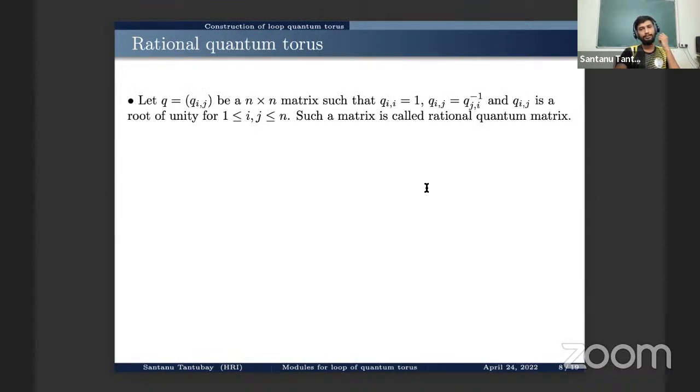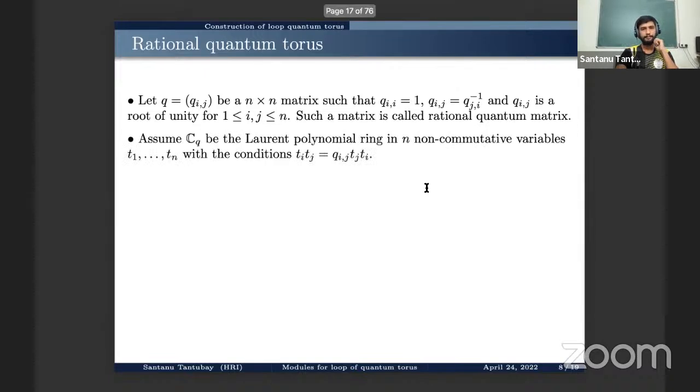So a matrix Q is called a rational quantum matrix if all its diagonal elements are 1 and its ji-th entry is the inverse of its ij-th entry, and each ij-th entry is a root of unity. Such matrices are called rational quantum matrices. And assume C_Q is the Laurent polynomial ring in non-commutative variables t_1 up to t_n with the condition t_i t_j is q_ij times t_j t_i.